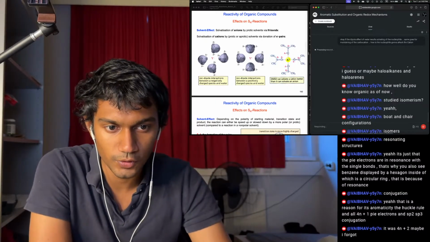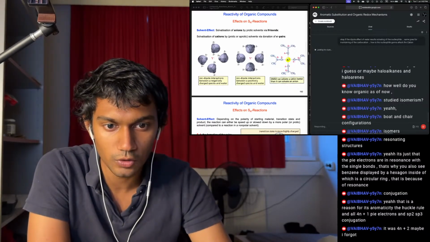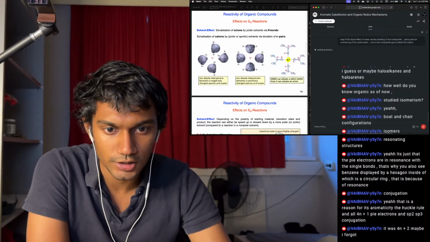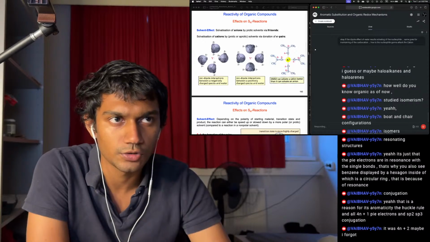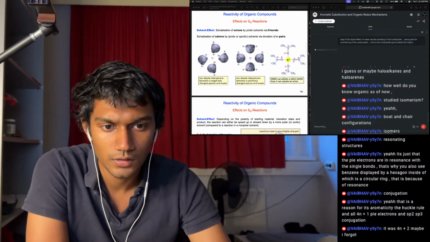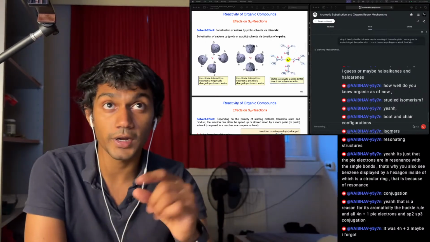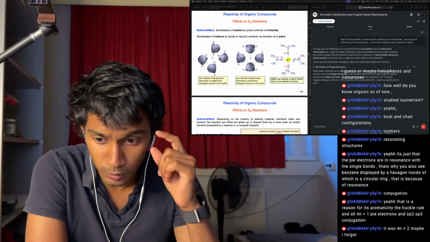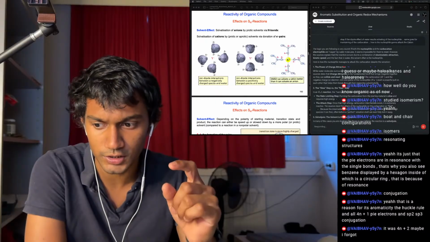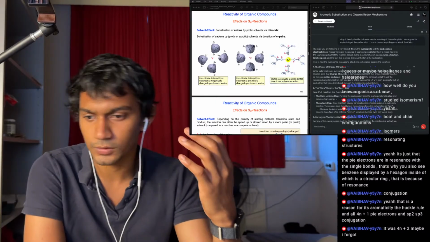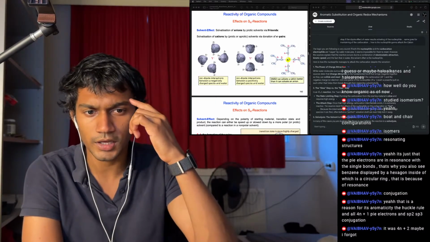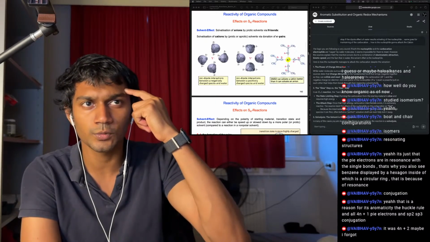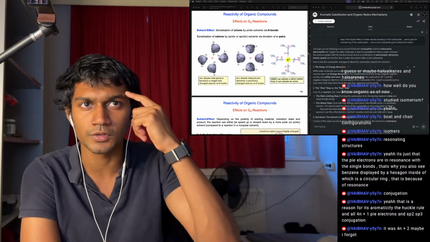That is the reason for its aromaticity and Huckel's rule and all, 4n plus 2 pi electrons, and sp2, sp3, conjugation. Oh, when I just read sp2, sp3, my brain is not coming up with what exactly sp2 and sp3 are. I could remember it when I refer to my notes, but when I read it, my brain is not simulating it.